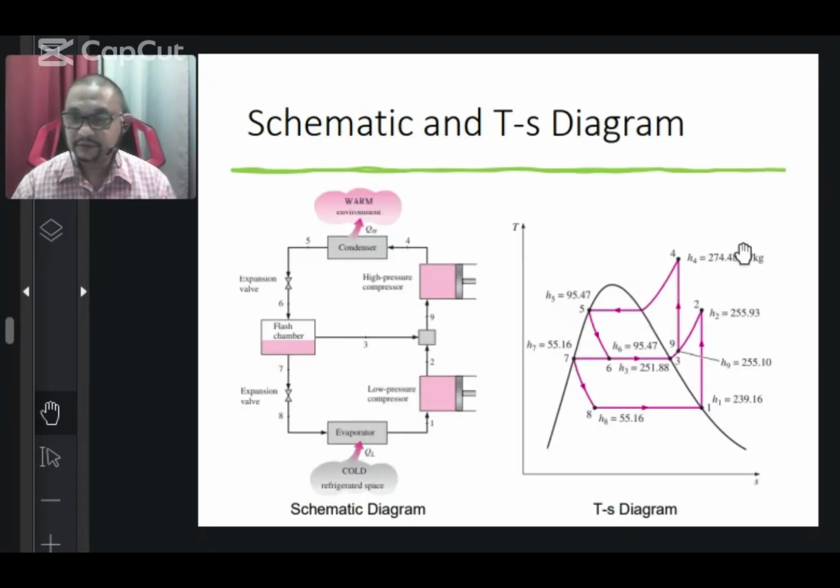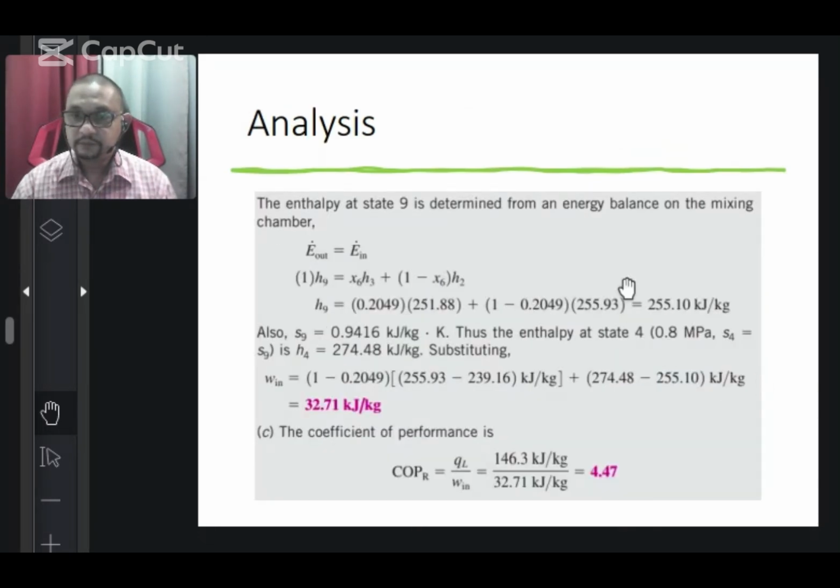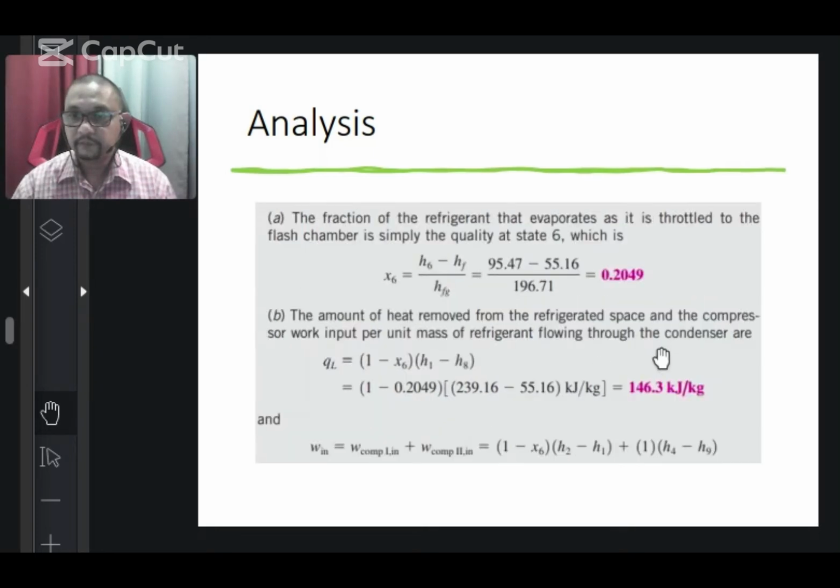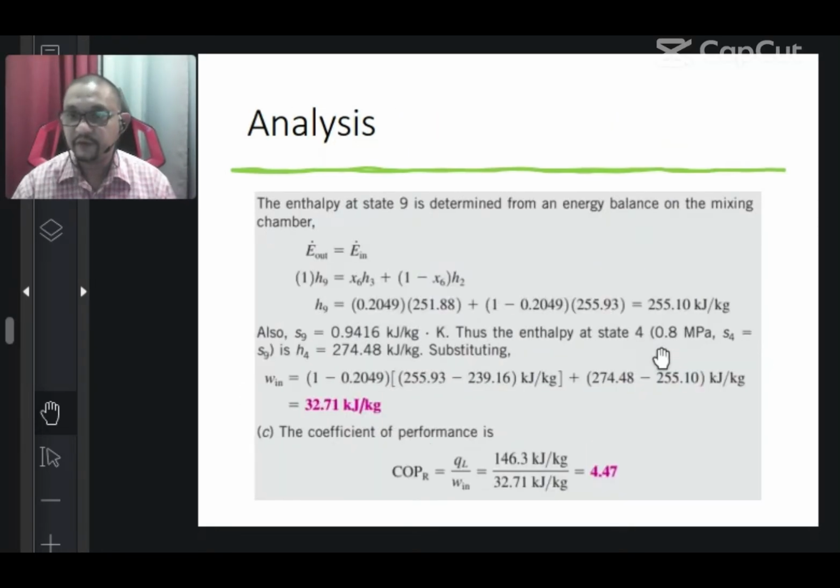So let's look at H9, that means at state number 9, okay, H9. H9 is 299.1. Sorry, 255.1.